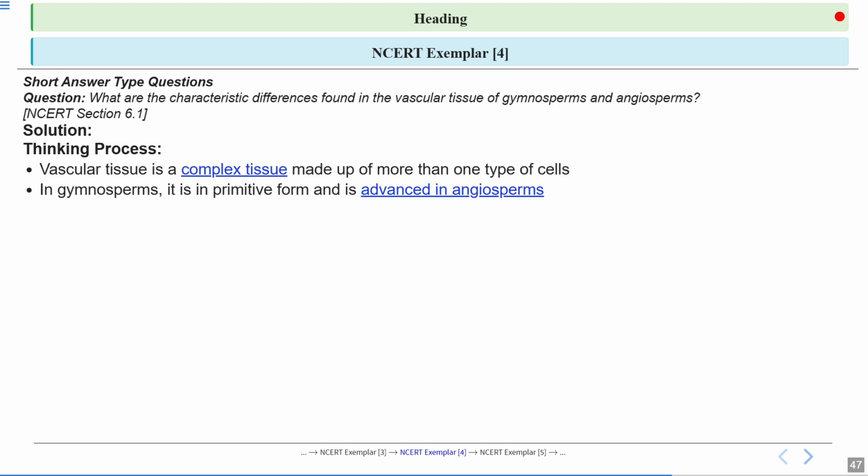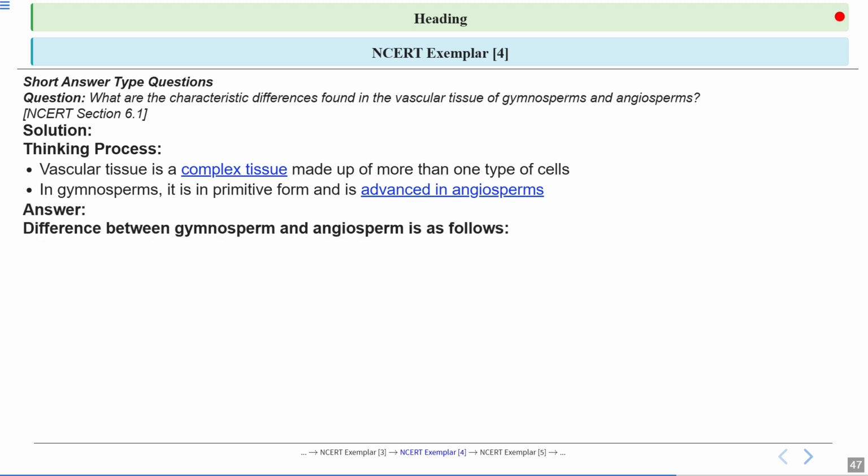So the vascular bundle first developed in the pteridophytes only. They got some sort of advancement in the gymnosperm, and they become more advanced in the case of angiosperm. So we can say that in gymnosperm, though they advanced from the pteridophytes, it is in a primitive form. But in the case of angiosperm, it has got advancement in a full-fledged form.